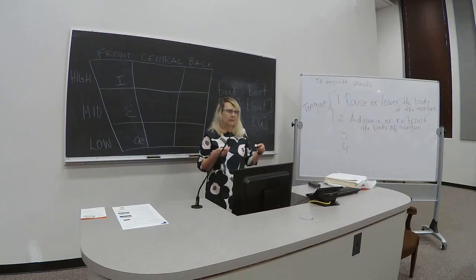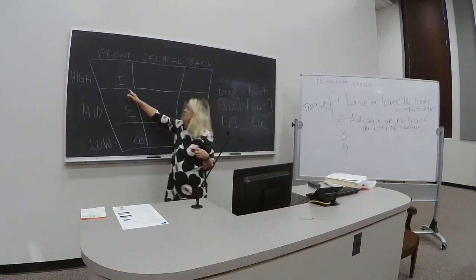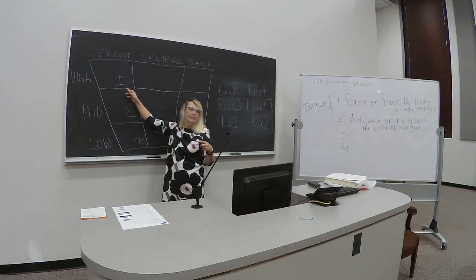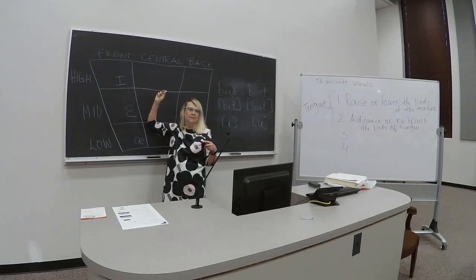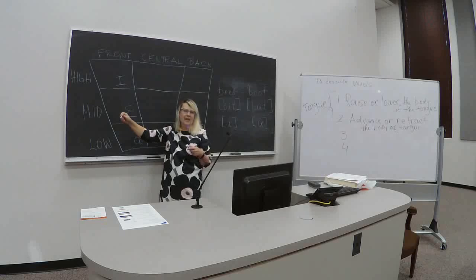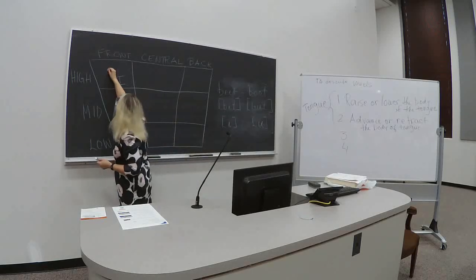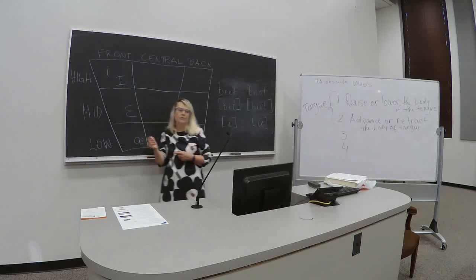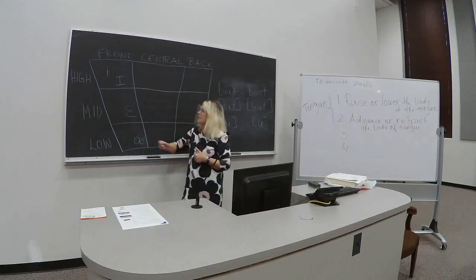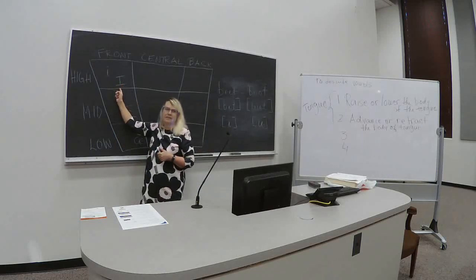Front. E compared to this one, E, E. They would go into the same place in the grid. Of course, they're not exactly identical because they are 2 different sounds of English. They are 2 different vowels. This one is tense, this one is lax.